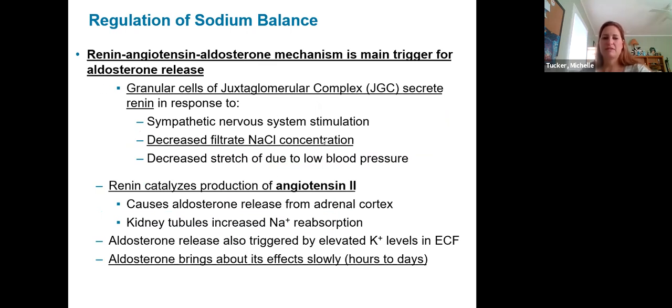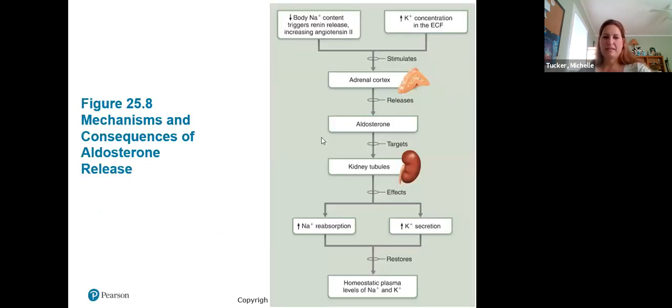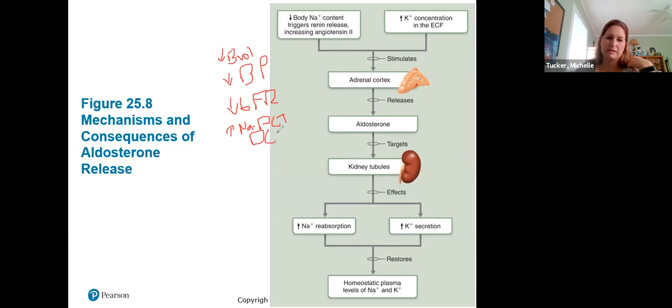This is, in words, kind of what we've already said, as far as if we get a decrease in blood volume, that leads to a decrease in blood pressure. That leads to a decrease in GFR and an increase in sodium reabsorption at the proximal convoluted tubule, distal convoluted tubule.